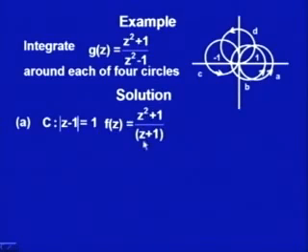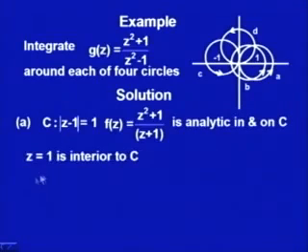So I have taken f(z) as that. Now this function is analytic because it ceases to be analytic only at z equal to minus 1, and z equal to minus 1 is outside this contour A. So on this contour A and its interior, this function is completely analytic, and the point z equal to 1 is inside the circle. So we get that it is interior to C.